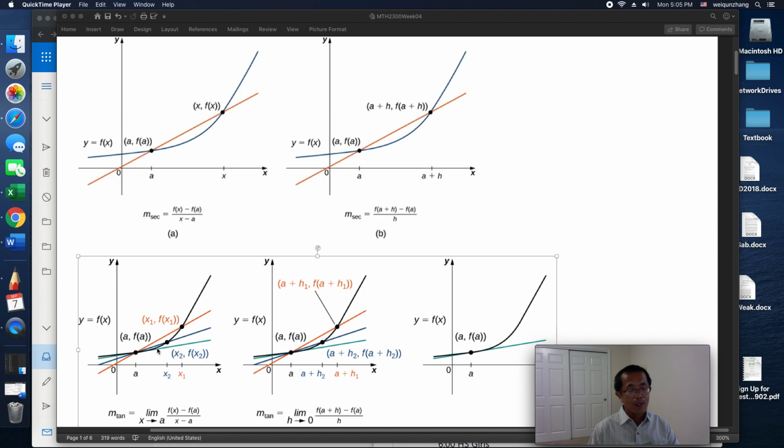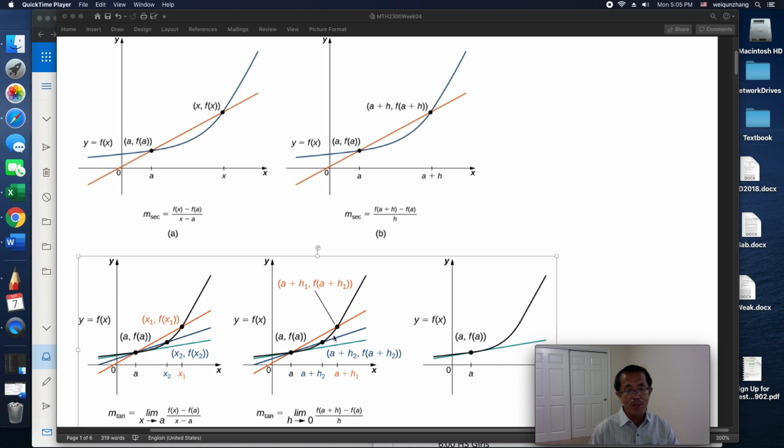Hopefully you see the secant line is getting closer to the tangent, so certainly the slope of the secant is a better approximation to the slope of the tangent. Again, part B of the chart is really the same situation, just a different way to denote it. We want to emphasize the other point is really close to A.